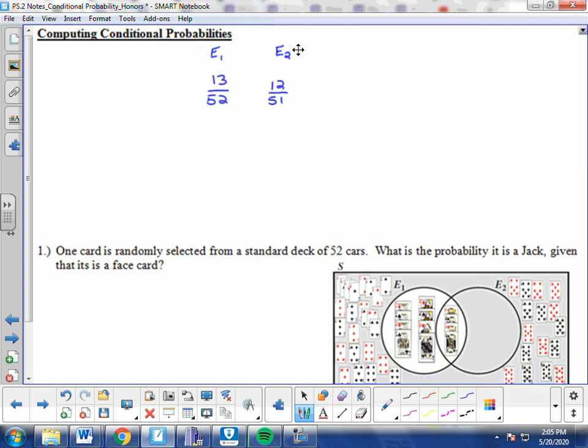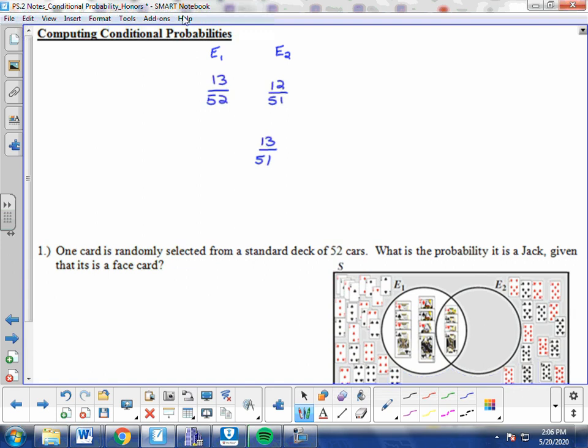So my second event, drawing a heart, would be 12 over 51 if I do draw a heart on the first event. But let's say I don't draw a heart on the first event. Well, then there's still 13 hearts in the deck, and now there's 51 cards, so the probability of event 2 would then in this case be 13 over 51.